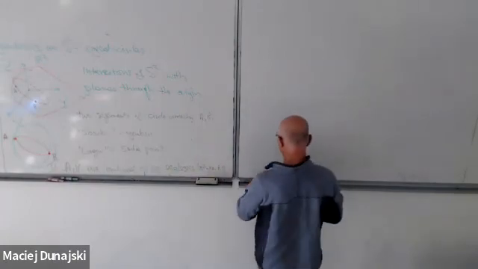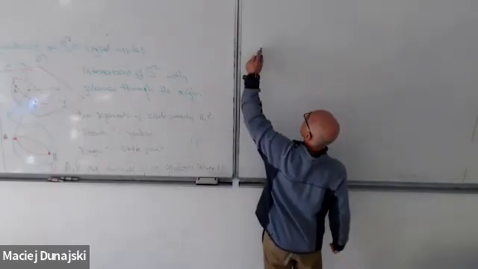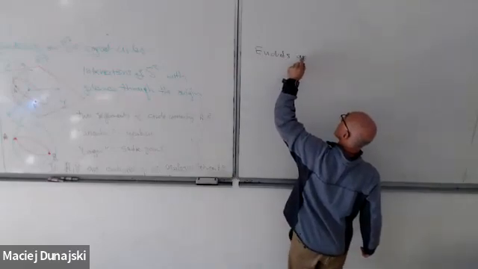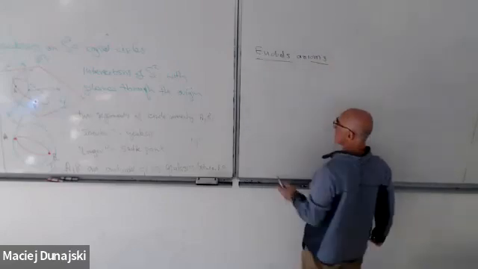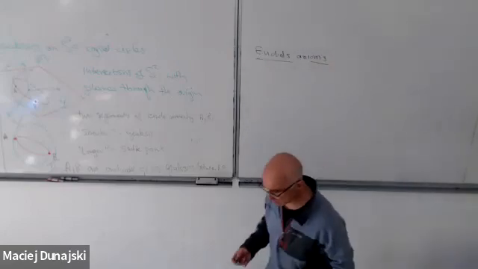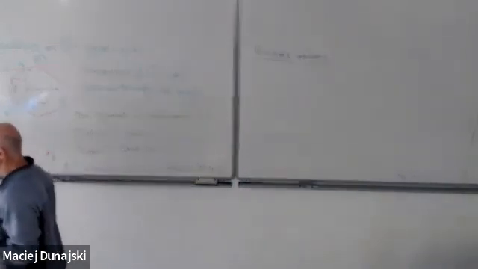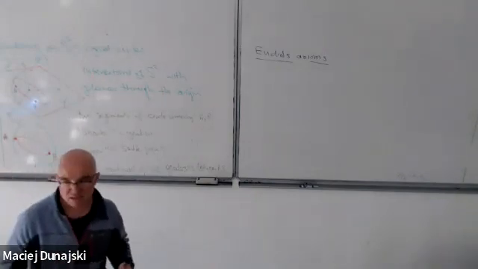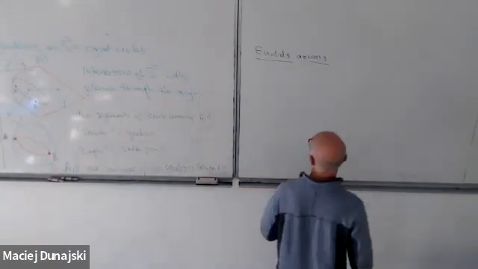So I'm going to remind you what Euclid's axioms are. Euclid's axioms in the original formulation referred to the plane, but as one does with axiomatics, one forgets what the motivation was. One takes the axioms and sees what are the concrete realizations of this axiomatic.